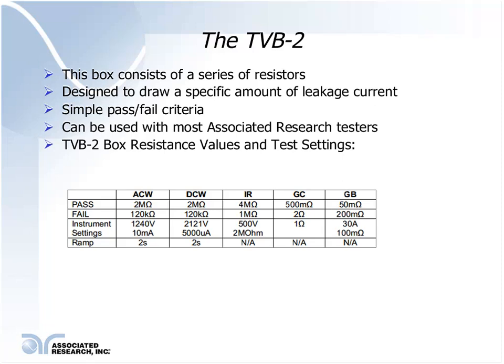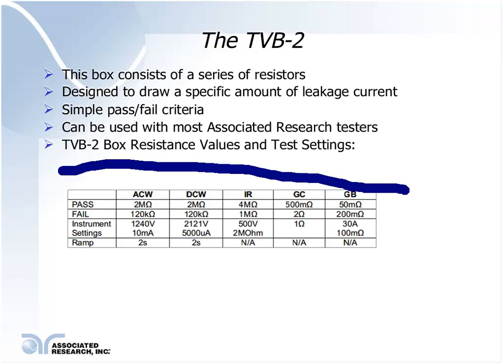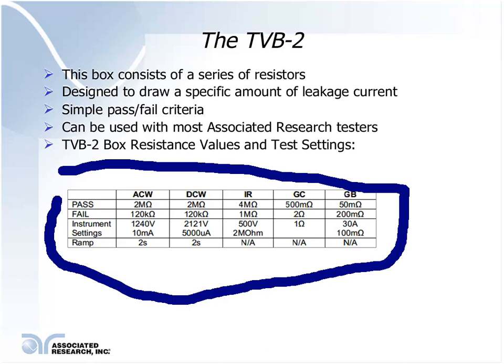If you look at this table on the page, it's basically giving us all the resistance values and test settings for different tests: AC withstand, DC withstand, insulation resistance, ground continuity, and ground bond.